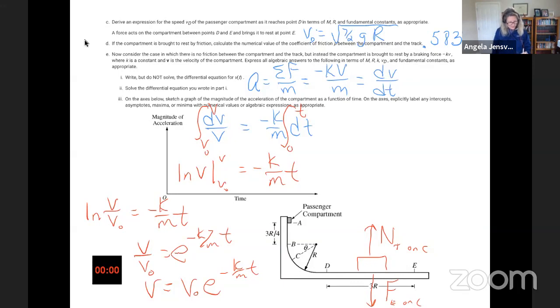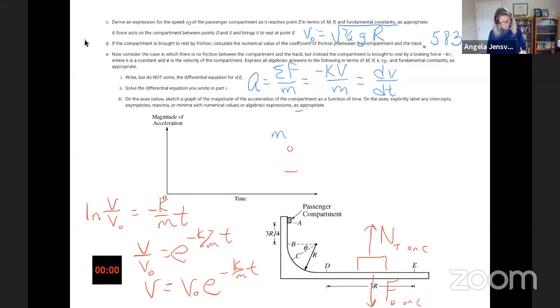All right, and then it says to sketch a graph of the acceleration. Well, shoot, we only have velocity. So what are we going to do? We are going to differentiate the velocity to get the acceleration. So acceleration is dv dt. So let's differentiate this function. Piece of cake, negative k v naught over m e to the minus k over m t. And if you sketch that, if you plug in 0, it says magnitude, right?